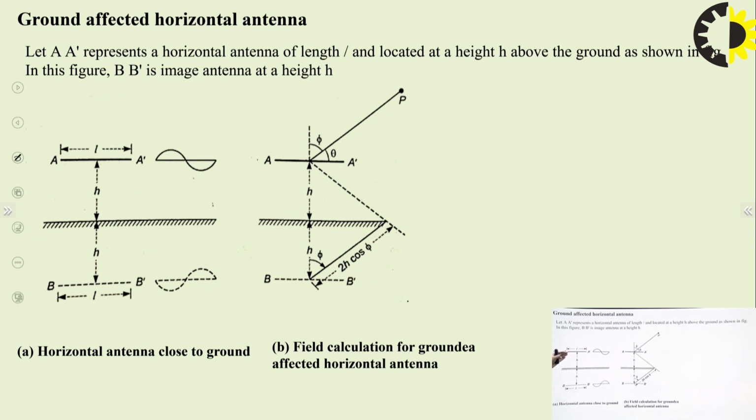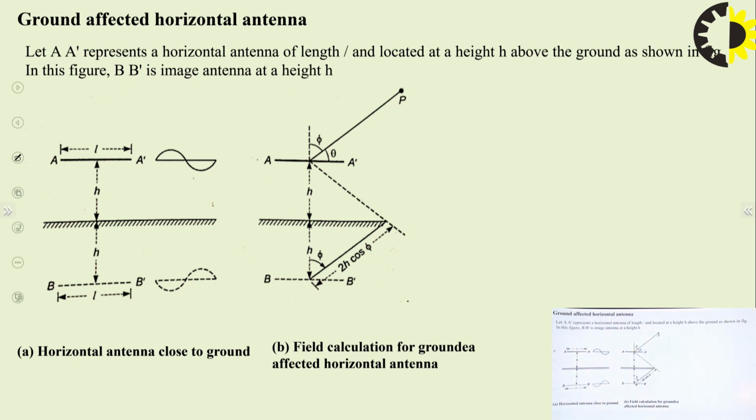So this is the physical antenna existing over a ground plane, and this BB dash is the imaginary or virtual antenna which physically does not exist, but you can imagine it below the ground plane. That's why we call this the image theory concept. You can treat it as two dipoles, AA dash and BB dash, and at a certain point P you have to find the electric field intensity.